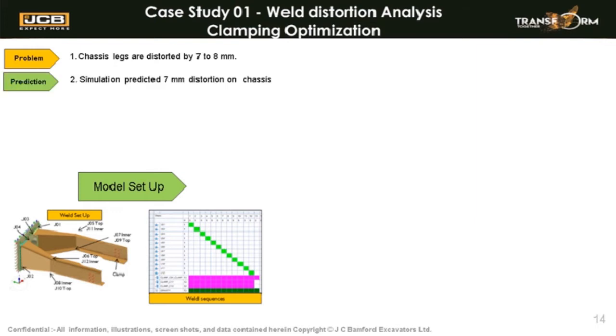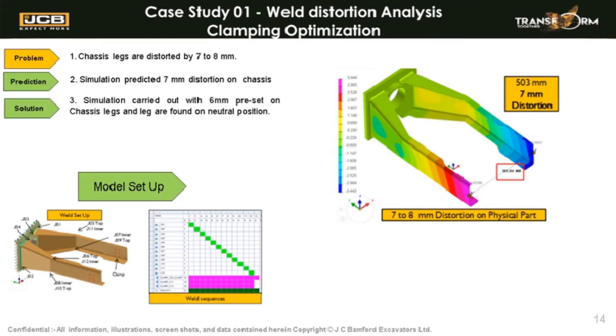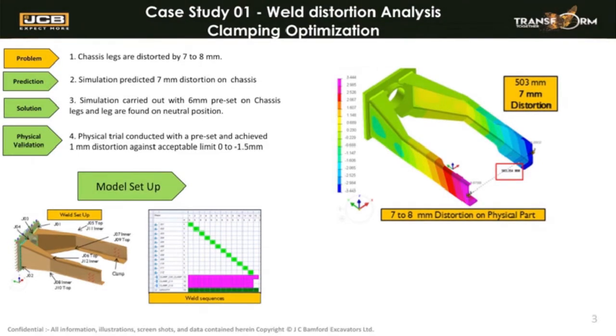And we actually got a prediction of 7 millimeters distortion in simulation, which ties up very well with reality. Now, the virtual optimization was done, and we showed that a 6 millimeter preset on the chassis legs before weld would in fact give a 0 offset. Physical trials were then conducted, and we noticed a 1 millimeter distortion against acceptable limits.